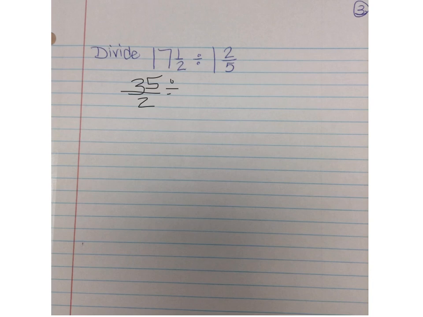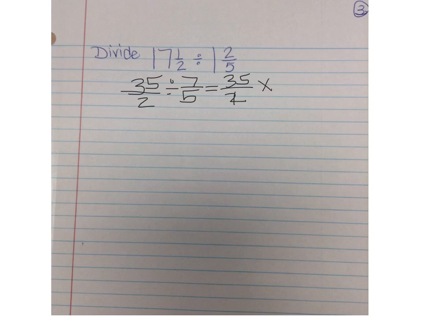Divided by 1 and 2 fifths: 5 times 1 is 5, plus 2 is 7, so 7/5. And then let's rewrite that as a multiplication problem. So we have 35 halves because the front number never changes.